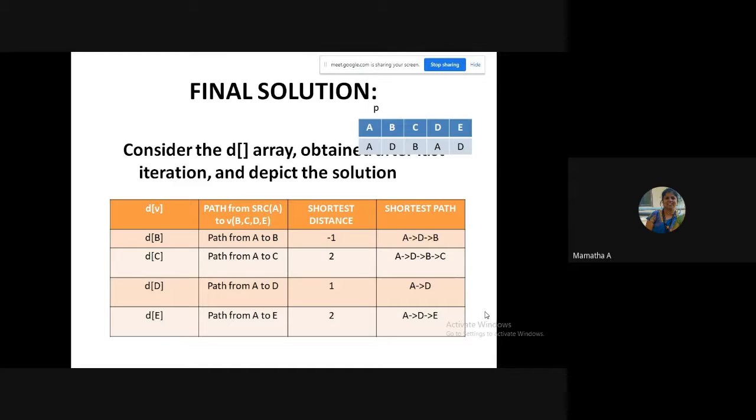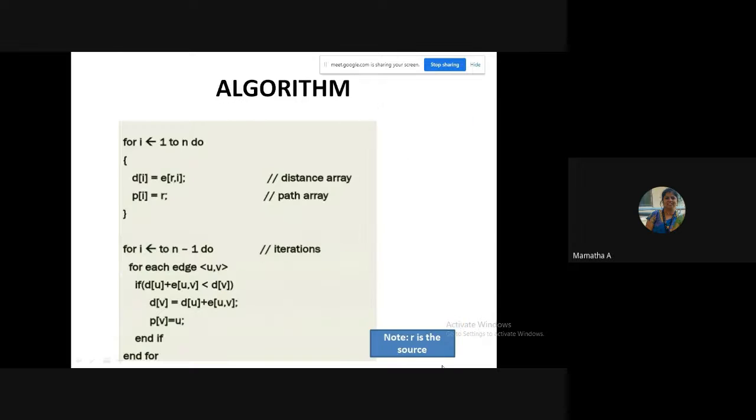That's all. Okay, this is about the algorithm. You can observe here: for i equal to 1 to n do. This is the distance array and the path array, where r is the source vertex. D of i is equal to E of r comma i, so you can also initialize D in this way. E of r comma i means the edge between the source and the other vertices.